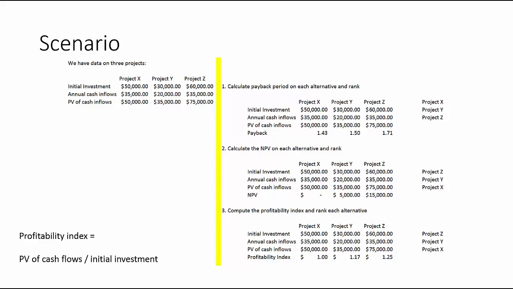We have a profitability index of 1. Here, what we want to do as far as ranking, we want to rank them in order of highest profitability index to lowest. So in this case, our number one project would be Project Z, then Y, then X.